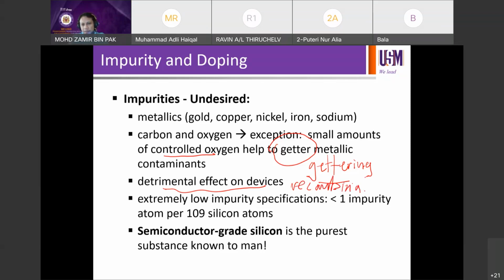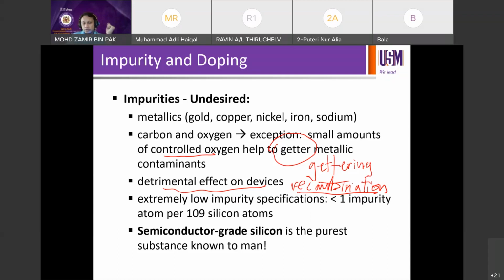So this simply means, in essence, the carriers that you have in the device, in the semiconductor materials, are removed from the system because of the recombination process. So that means, for example, if you generate electron hole pairs in your device, say in solar cells, from the photon absorption, you want to collect the electrons and holes eventually to complete the circuit.